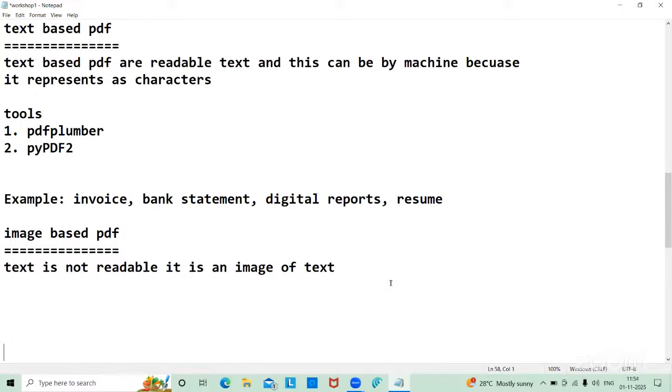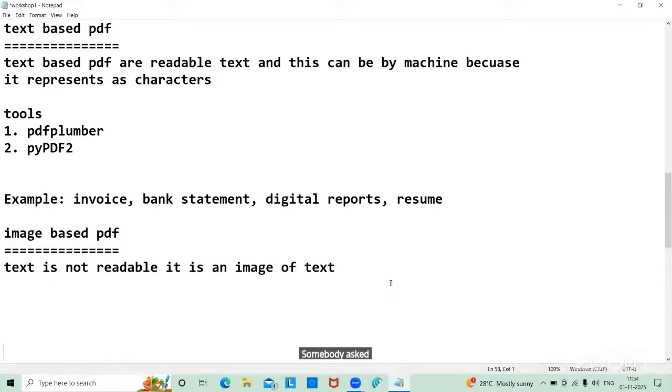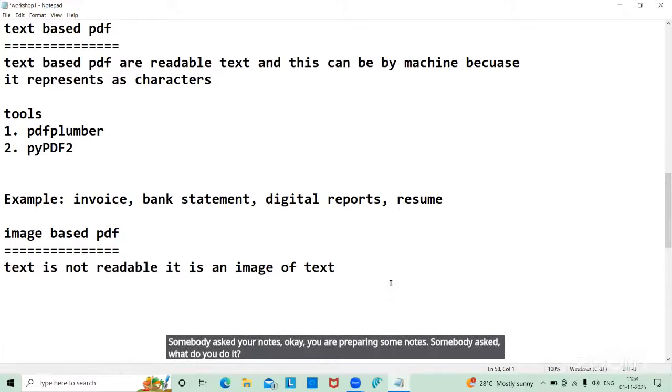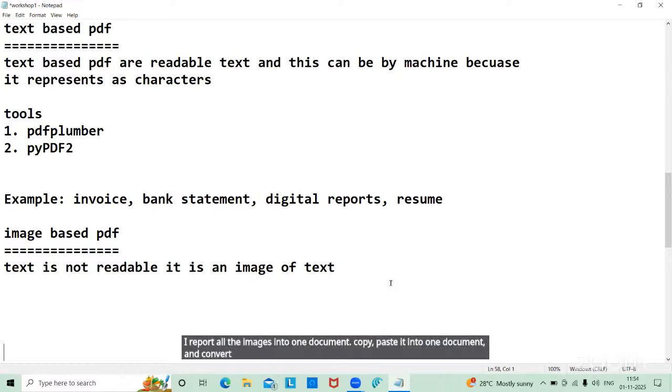Somebody asks for your notes. Okay, click a photo of that document and send it. That is what? Image based PDF, right? Somebody asks for your notes, you quickly take the images and send them. Or you copy paste all the images into one document, convert into PDF and send it.